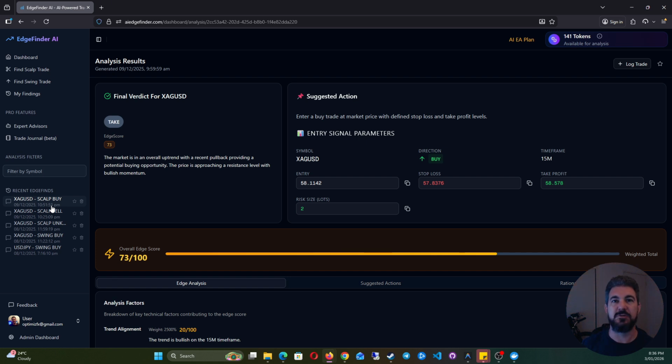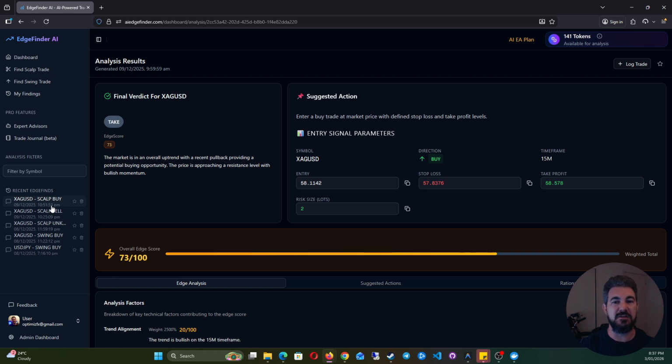When I built Edgefinder AI, the idea was to put in your account balance, your stop loss, your take profit, the symbol, and the charts, and get the analysis engine to give you an idea on whether you should take the trade, avoid the trade, and go long or short, and give you kind of an analysis. In doing so, I've realized that it kind of morphed into a signal engine, and that is not what it is.